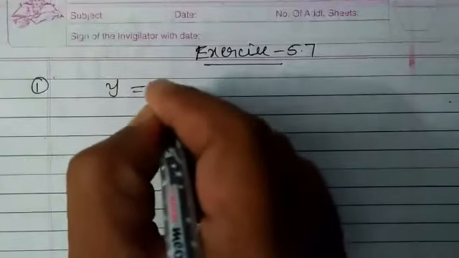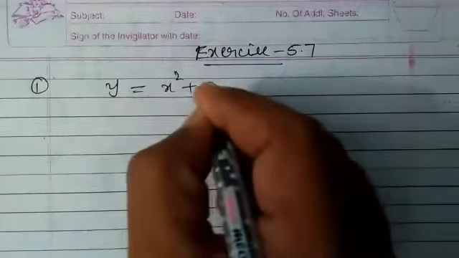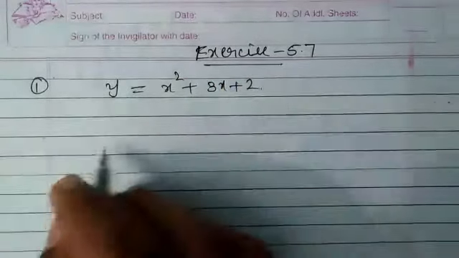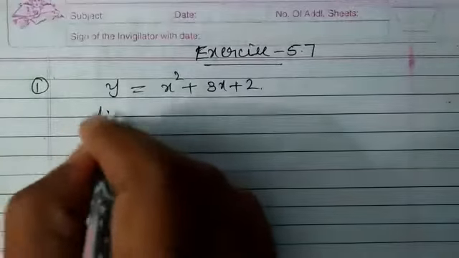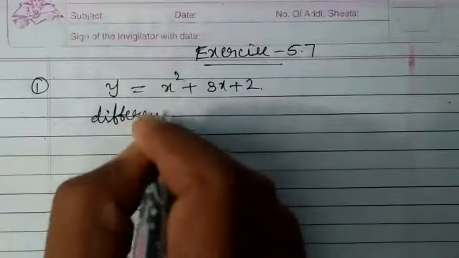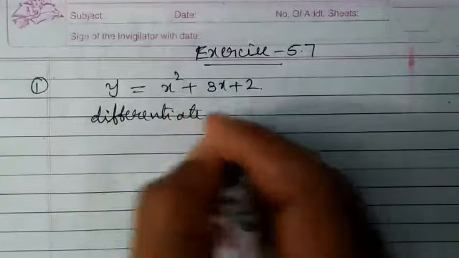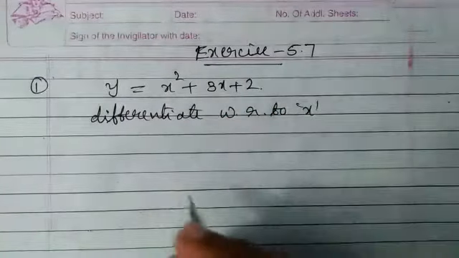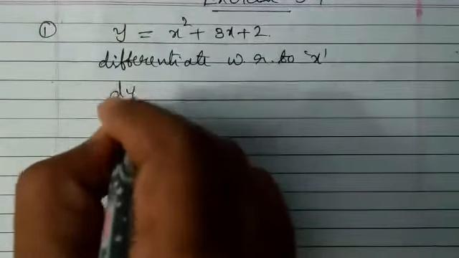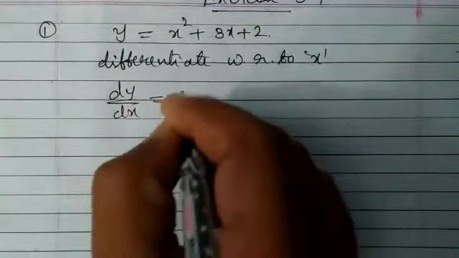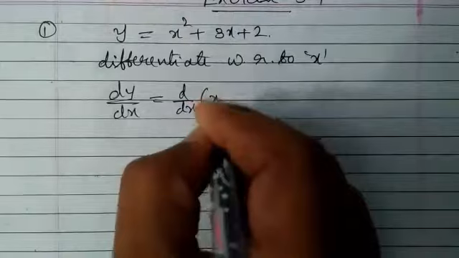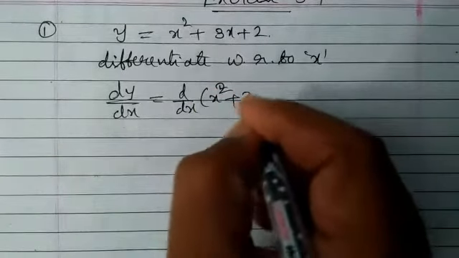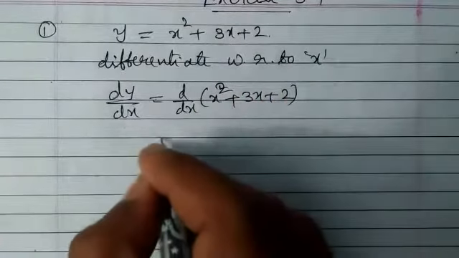Exercise 5.7. So first problem, y is equal to x square plus 3x plus 2. Differentiate with respect to x. dy by dx is equal to d by dx of x square plus 3x plus 2.